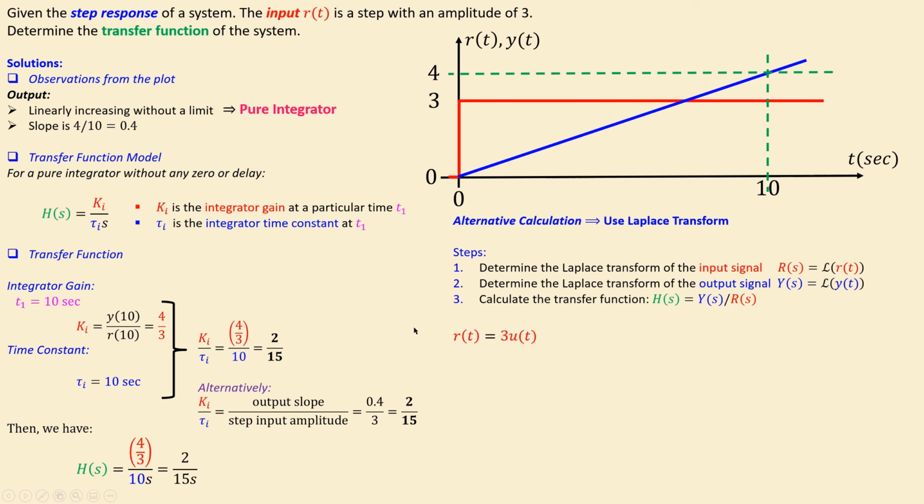So let's then look at the time representation of the input and output. The input R is a unit step, so it is a U, but it has an amplitude of 3. So that is actually what we need, 3 here in front of this one. That's actually just what it is for the time representation of your input signal. For your output, we know it has a slope of 0.4, so it is a linear function.